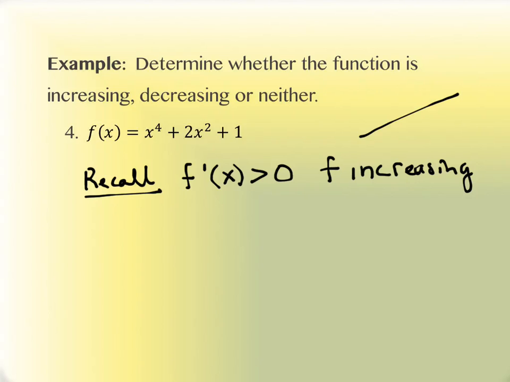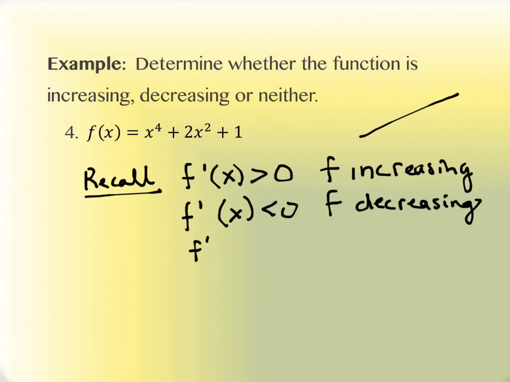If you have a line like this, the line's increasing, that means the slope's positive, right? And the same thing's true, but backwards, if you have a negative slope. If you have a negative slope, then it means that the graph is decreasing. And if the slope is 0, well, you know you've got a horizontal tangent line at least, right? It may be a max, may not, maybe a min, it may not, but at least you know it's a horizontal tangent line.